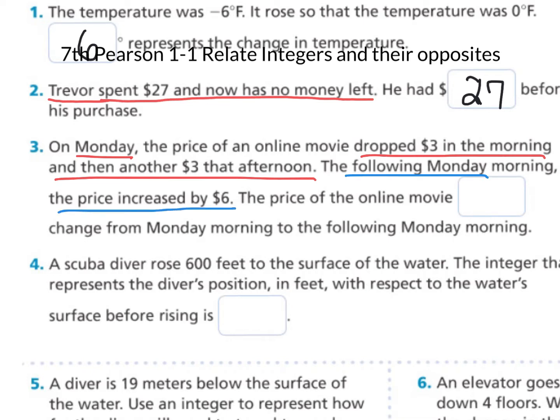So the price of the online movie blank change from Monday morning to the following Monday morning. So we're filling in the blank here. This is going to be either did or did not as our options. So altogether, the price dropped by $6 and then it goes up by $6. So we could say it did not change overall.